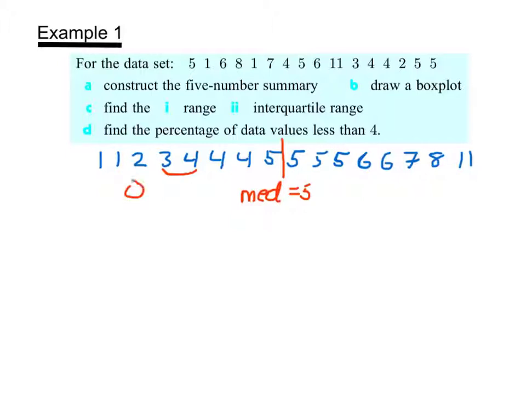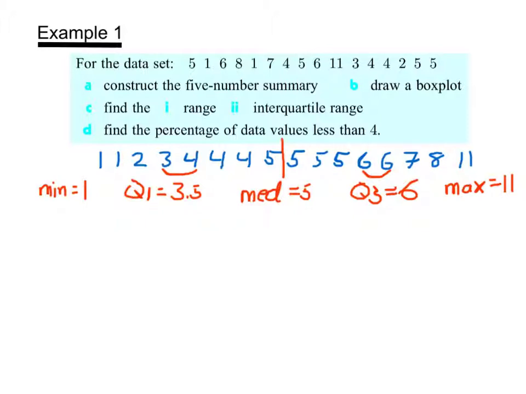So Q1 is equal to 3.5. Likewise, I'm going to take the average of the middle 2 numbers in the upper half of the data. So Q3 is equal to 6. And I know that the minimum value is 1. And the max is 11. And this is my 5-number summary.